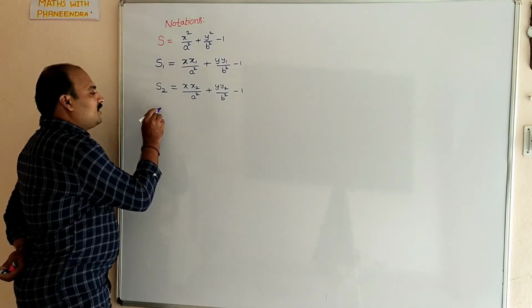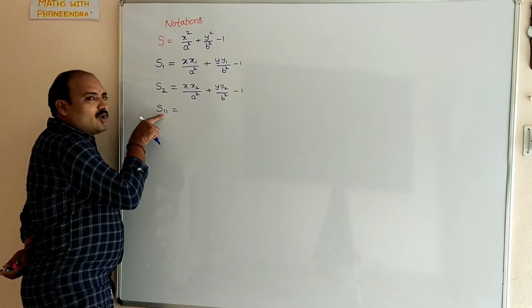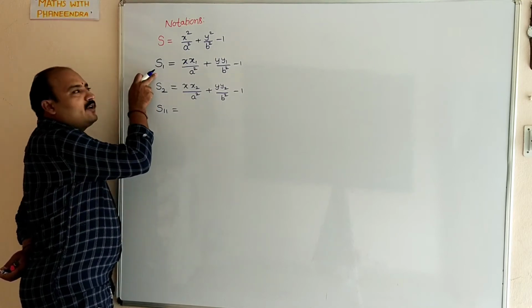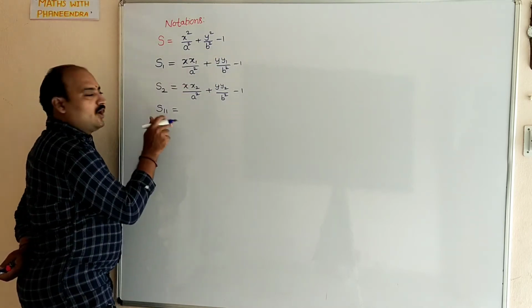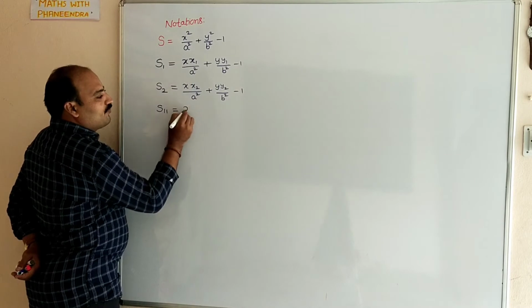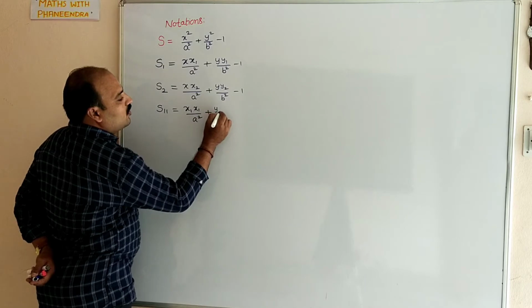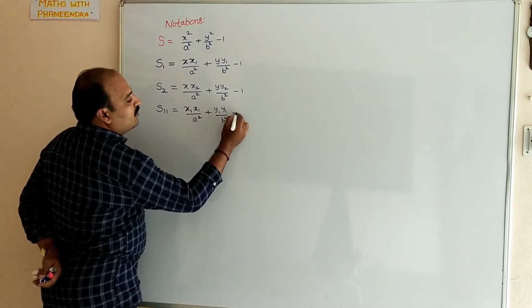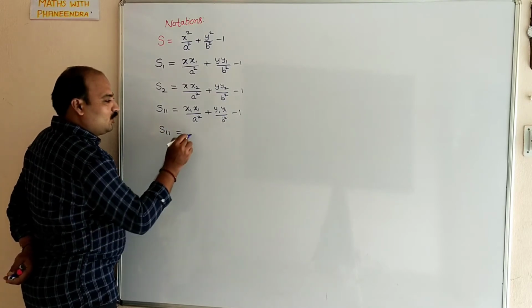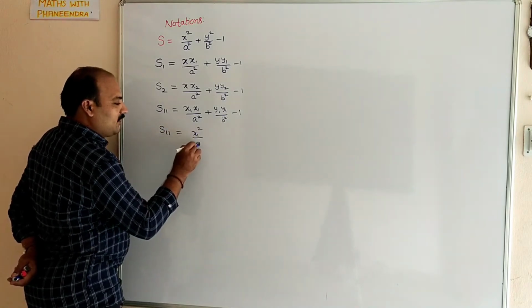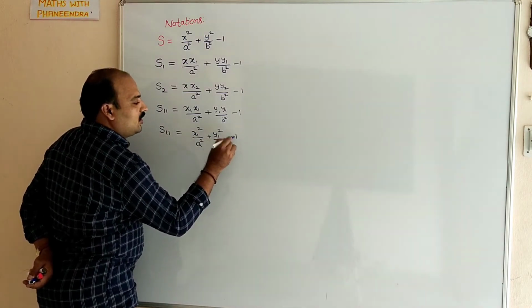If you want to write S11, in S1, wherever x and y are there, you have to write x1, y1. So it becomes x1 x1 by a square plus y1 y1 by b square minus 1. That can also be written as S11 equal to x1 square by a square plus y1 square by b square minus 1.